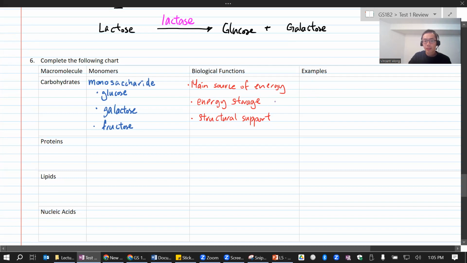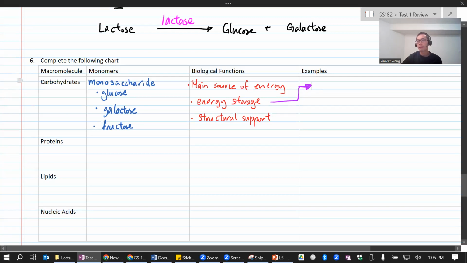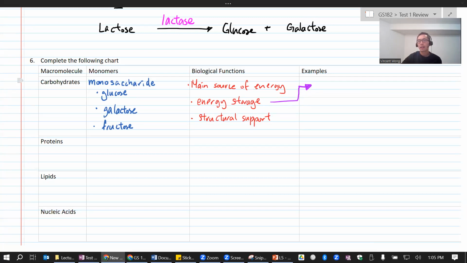Example? What are the 2 examples for energy storage? What carbohydrates are used for energy storage? Anybody remember?